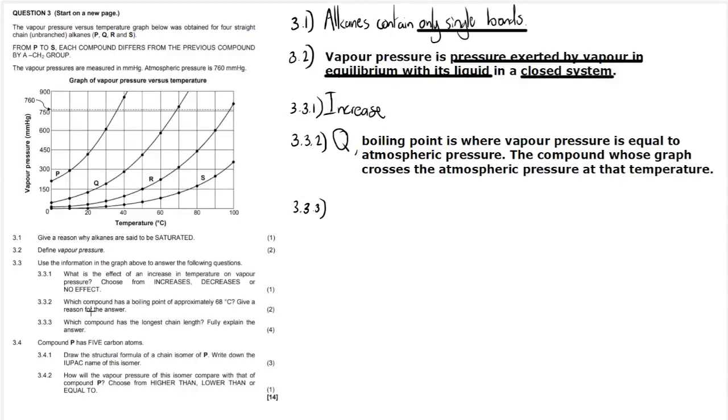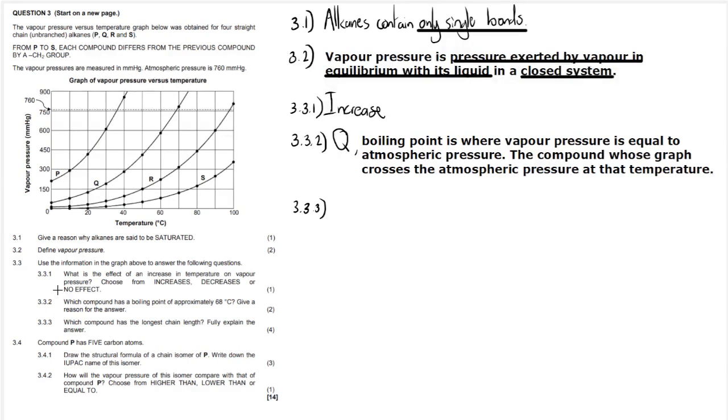3.3.3, which compound has the longest chain length? Now, remember a reminder in how chain length affects boiling point and vapor pressure. It is that we have the strongest intermolecular forces causing a higher boiling point. But how does the chain length affect that?